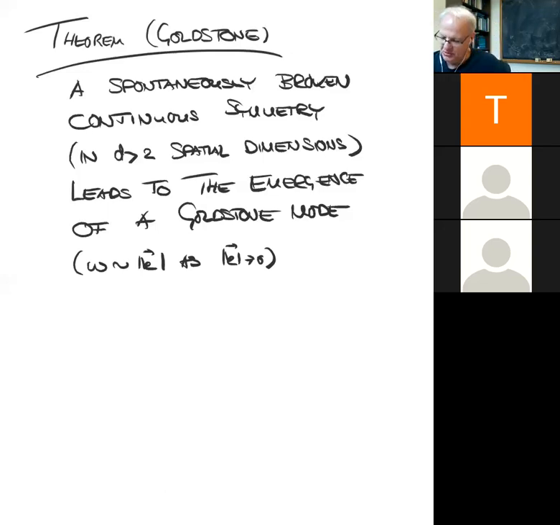It requires the symmetry to be continuous. So it does not apply, for example, to this Ising model, because in the Ising case the symmetry was discrete. The possible states were exactly up and exactly down. We really need a continuous symmetry, so, for example, it does not apply to Ising.